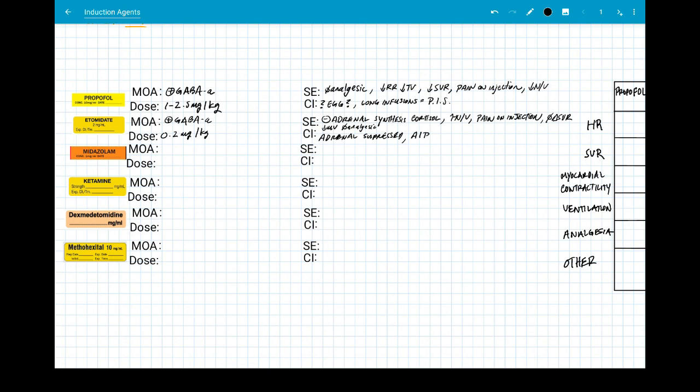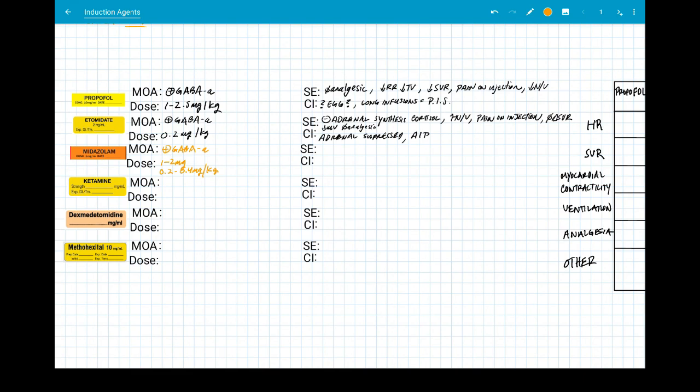Going on to our next drug, midazolam can be used as an induction agent. For pre-medication, typically you're giving 1 to 2 milligrams. For induction doses, you're giving 0.2 to 0.4 milligrams per kilogram. It activates GABA receptors as well, just like the last two we've talked about.